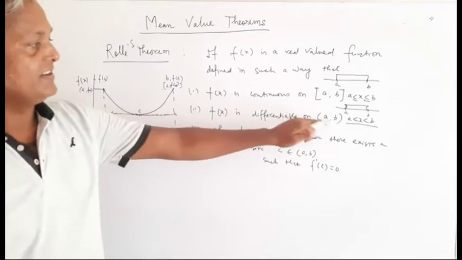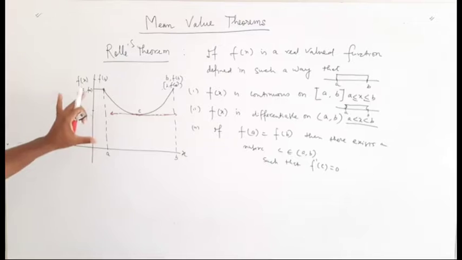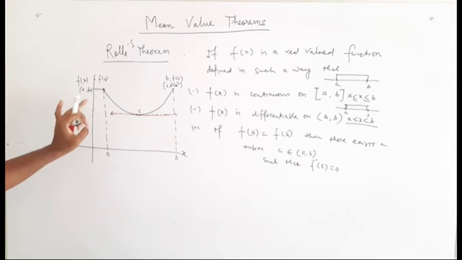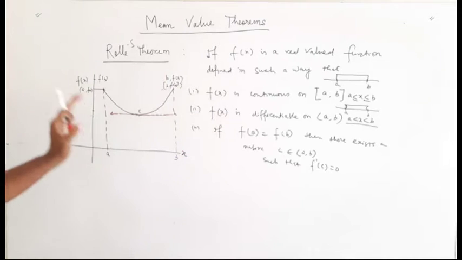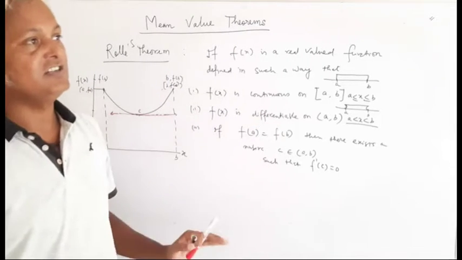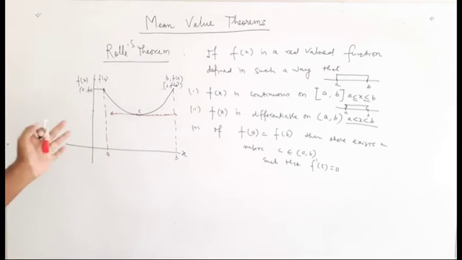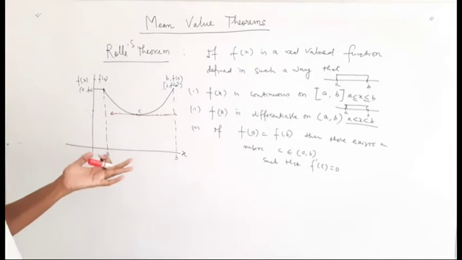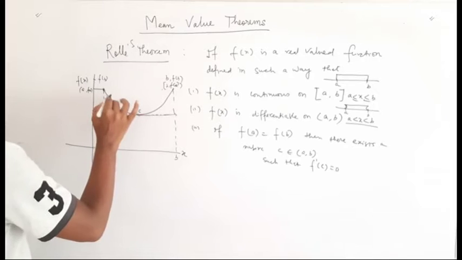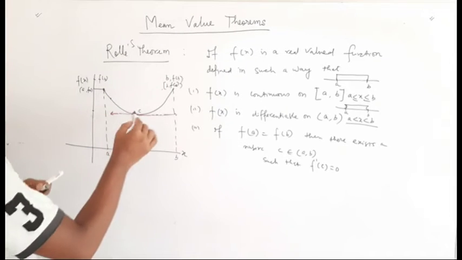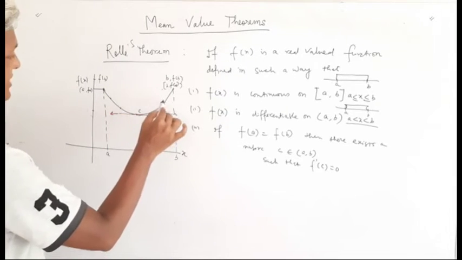Second, f(x) is differentiable on (a, b), which means at each and every point between a and b the function's differentiation should exist, which means there should exist a tangent. Differentiation is just a tangent. So at each and every point a tangent is possible.